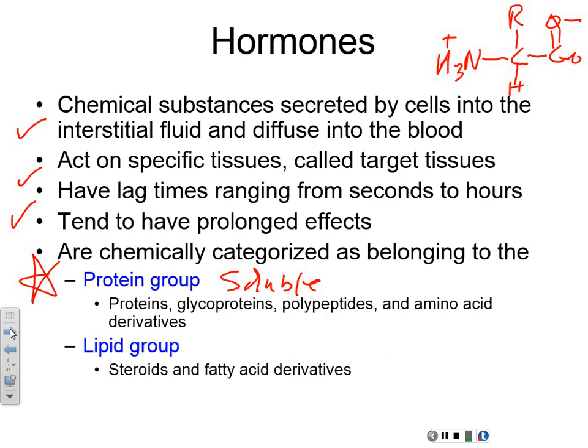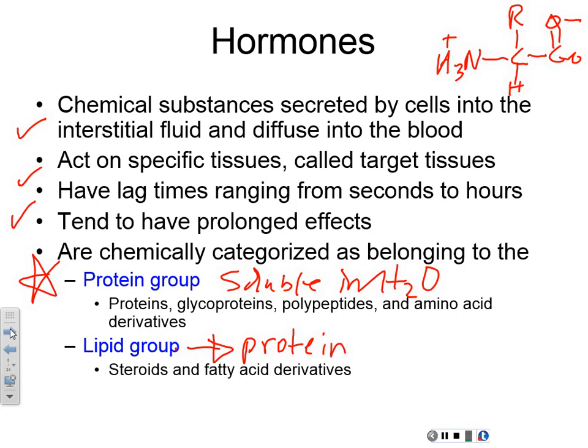These lipid group ones are the steroids and fatty acids, and these are the ones that go into the nucleus to cause transcription and then translation. So you form a protein, and by the time you form a protein, that's a long time.